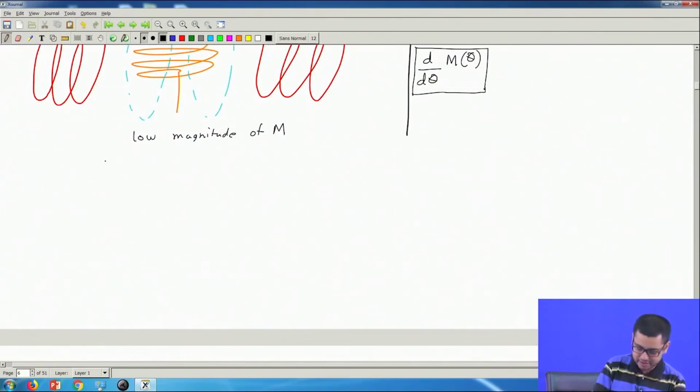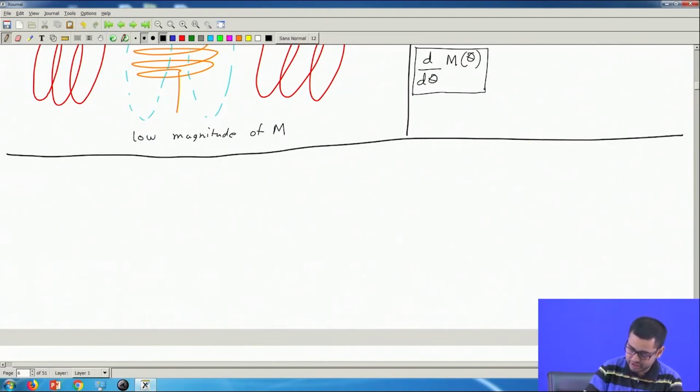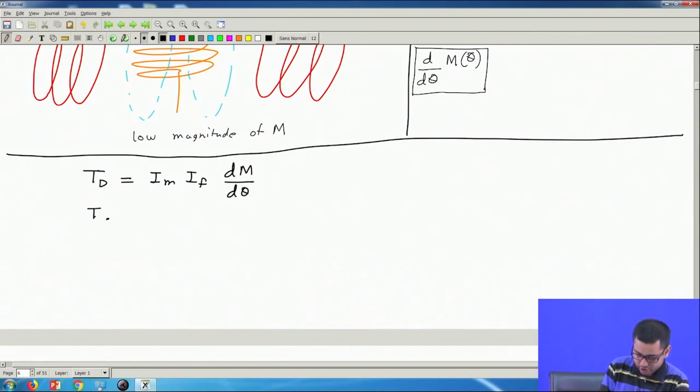And then, let me conclude this by discussing the equilibrium condition. Td, the deflecting torque, the torque that tries to deflect or turn the coil, is given as Im If dM d theta. The controlling torque Tc given by the spring is again according to Hooke's law k multiplied by theta, and therefore, at equilibrium these two torques are same.